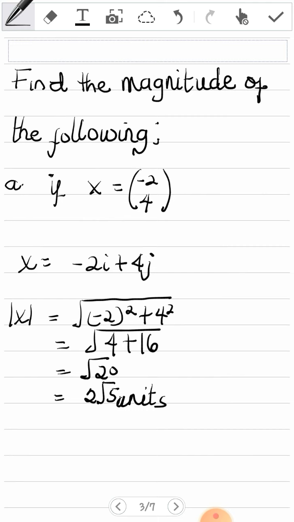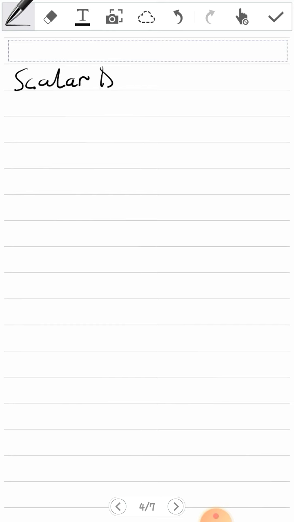Alright, so from there we will be going to the scalar dot product. From here you could see that it should be a product. Product is just like multiplication, so multiplication will be here, and scalar means you have to get a single number.